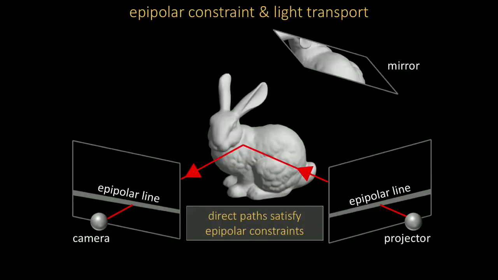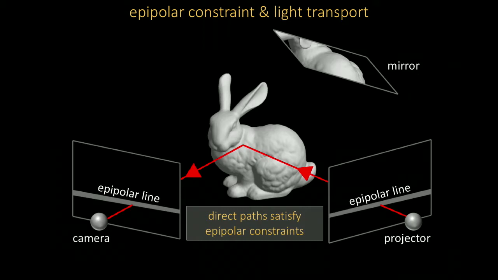The direct light paths have to satisfy something known as the epipolar constraints of the system. What this means is that the light that travels along direct paths has to travel from one epipolar line, which starts at a projector plane, and that light will have to map to some pixel on a corresponding line on the image plane.